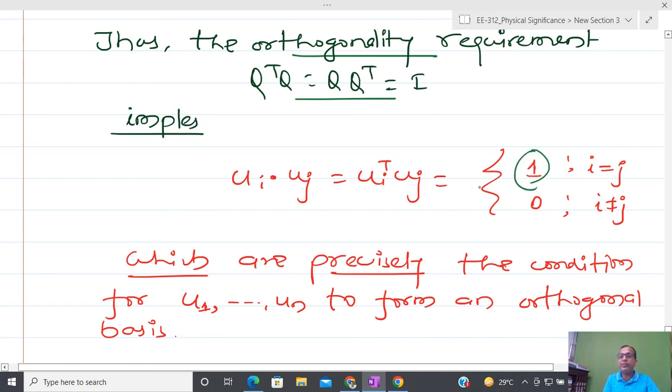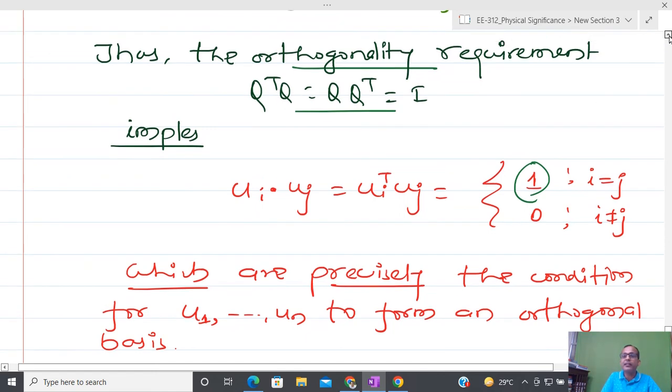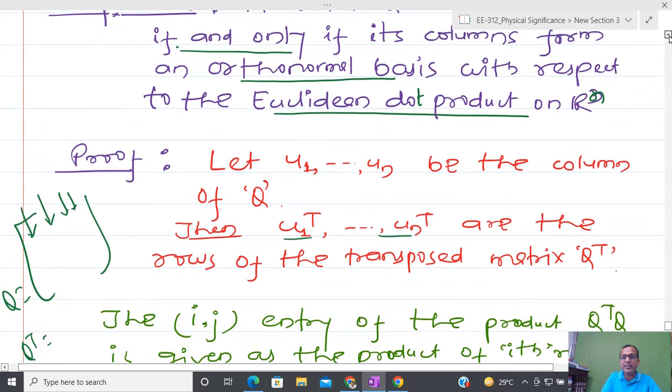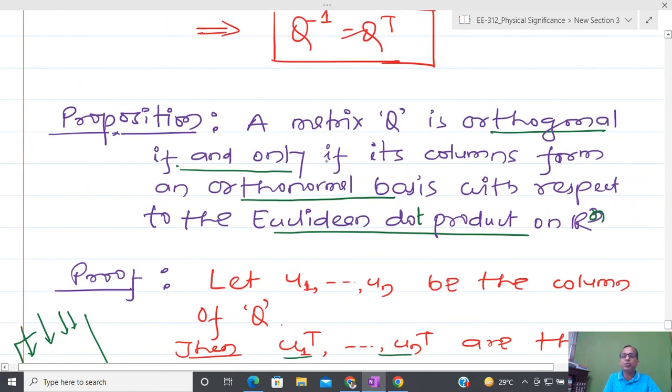Okay, and whenever I have this kind of condition, it means that ui dot uj equals 0 for i not equal to j and ui dot ui equals 1. It means that ui and uj are orthogonal column vectors, and due to that reason we are claiming that a matrix Q is orthogonal if and only if its column vectors form an orthonormal basis.